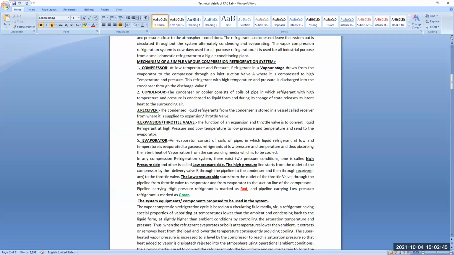In any compressor system, there exist two pressure conditions. One is called the high pressure side, another is called the low pressure side. The high pressure side starts from the outlet of the compressor by the delivery valve B, through the pipeline to the condenser, and then through the receiver up to the throttle valve.